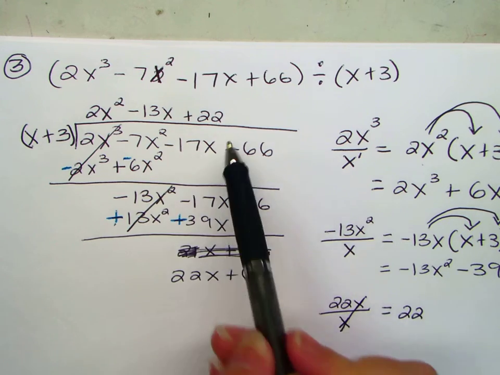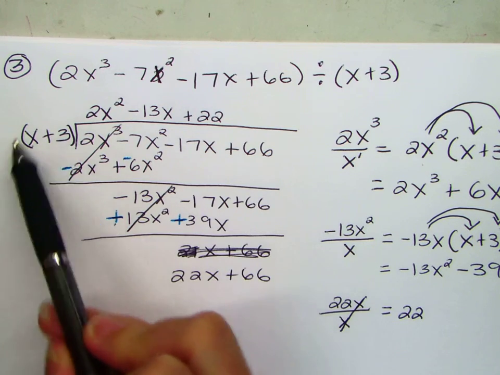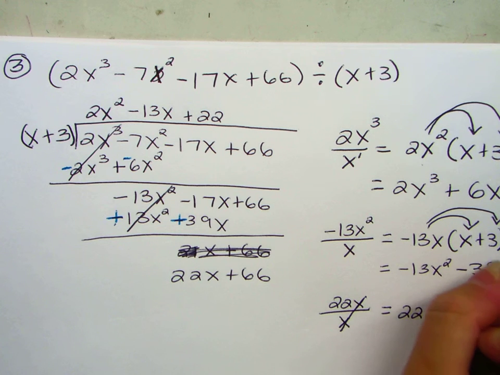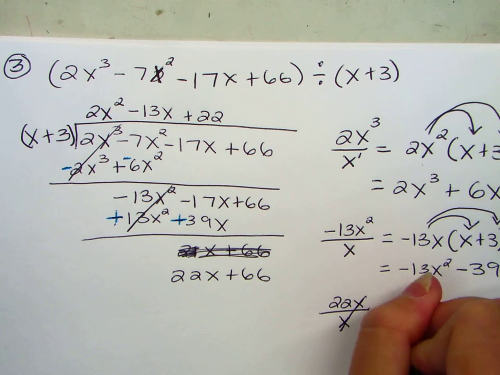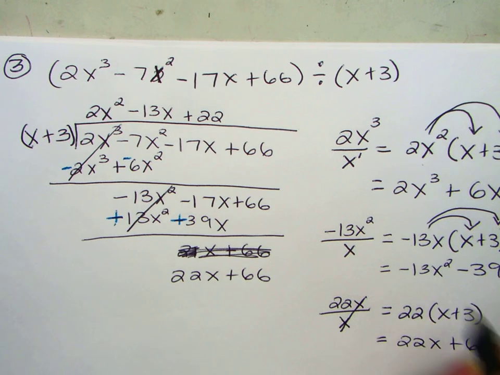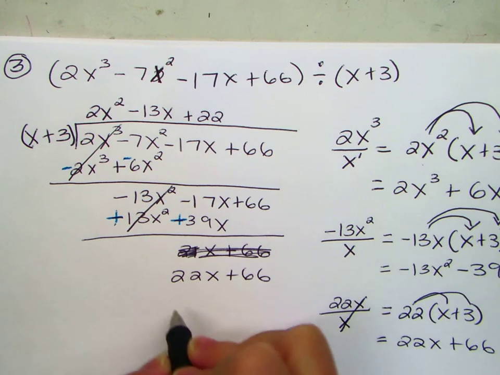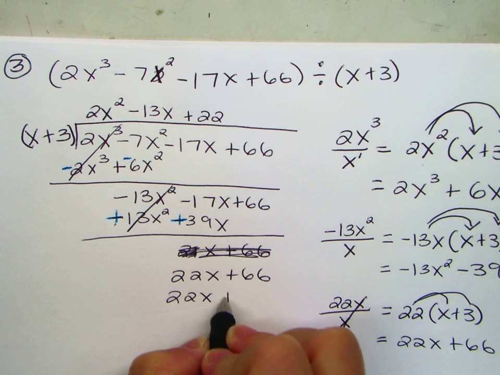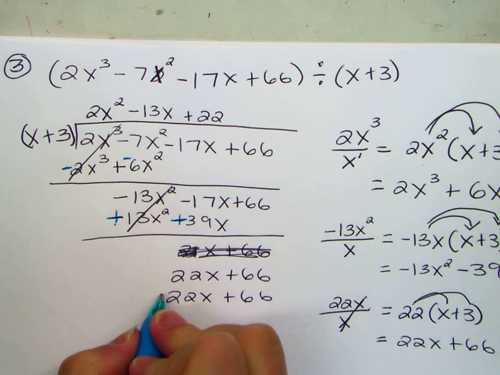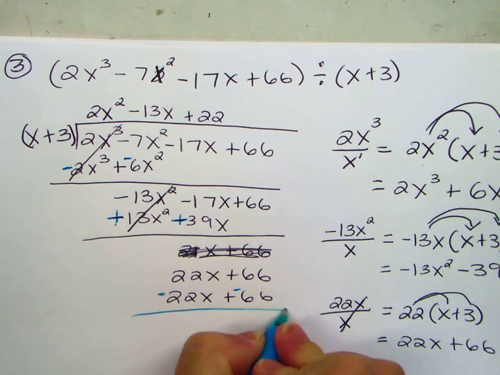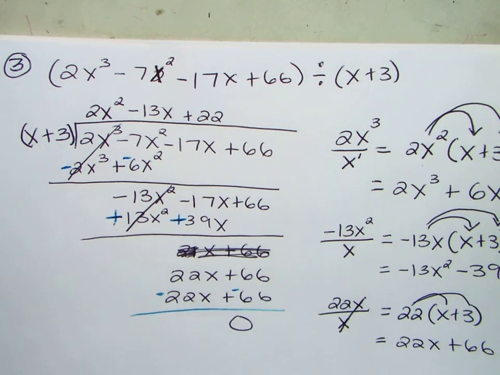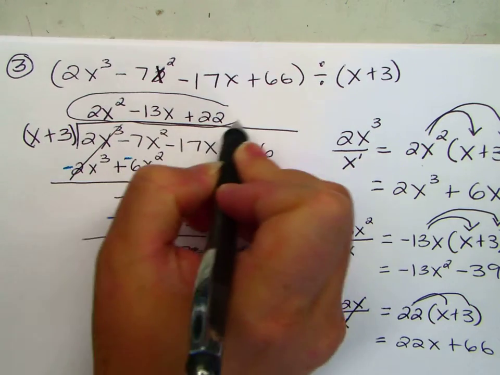And then you multiply the top number times what you're dividing by, x plus 3. 22x plus 66. Distribute. 22x plus 66. Then we subtract. When you subtract, you change the signs. Everything cancels out. You get a 0. Remainder. So this is your answer.